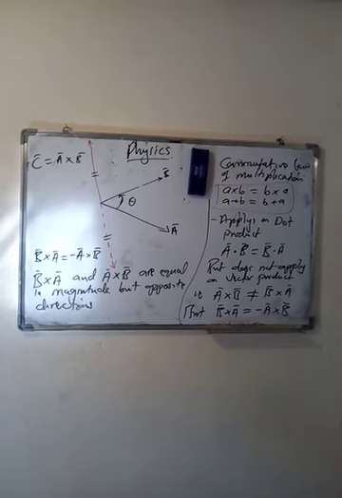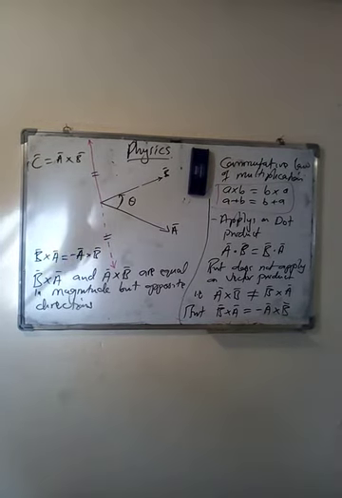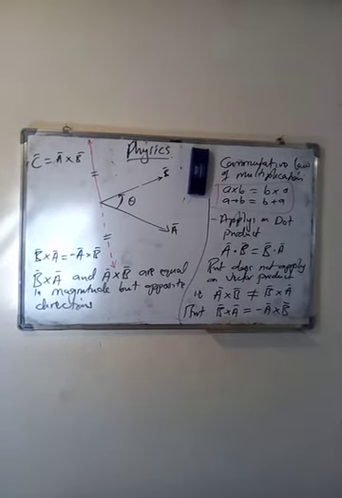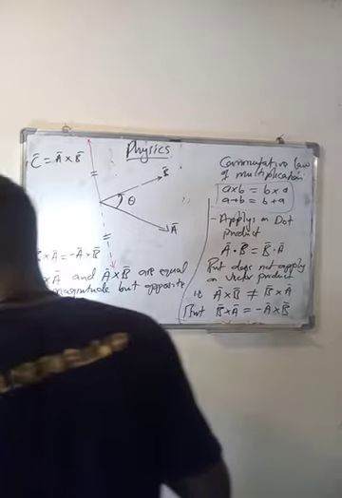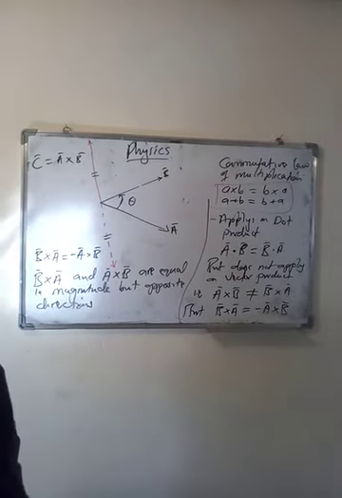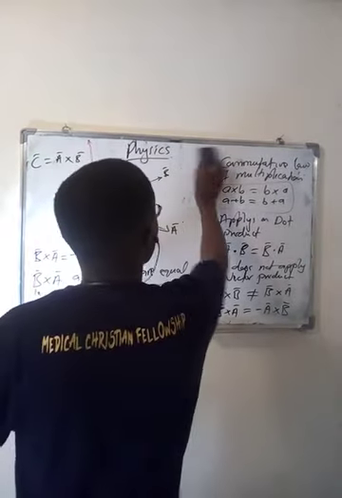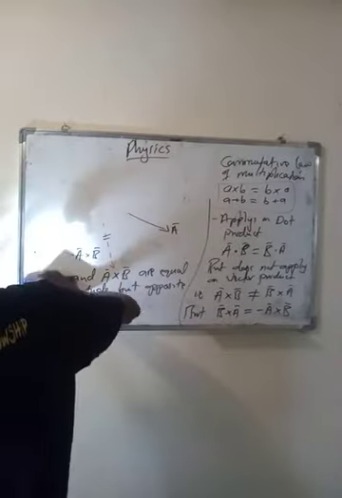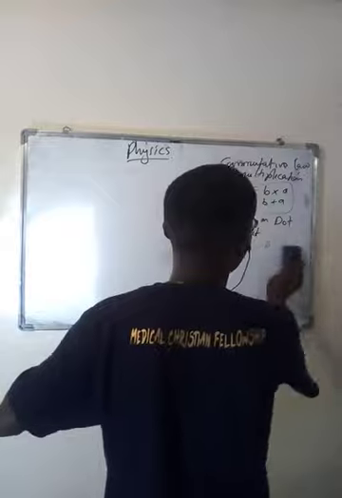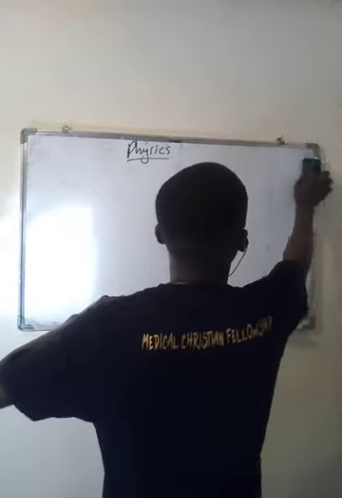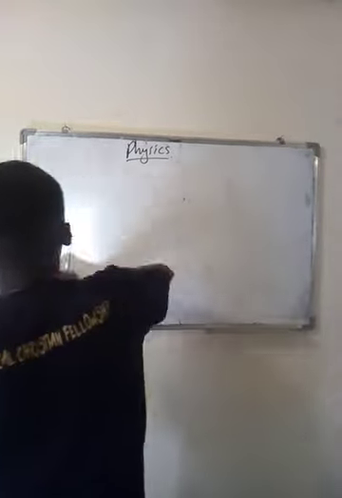Now, let's look at something interesting, and then after that, I'm going to end the video, and then we'll start another one. So let's try to define it a bit more mathematically.